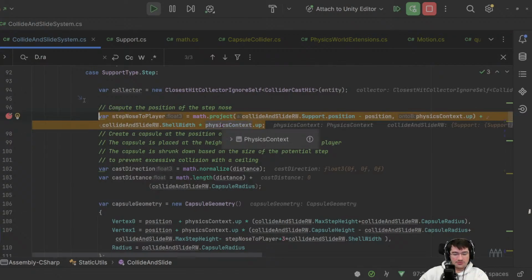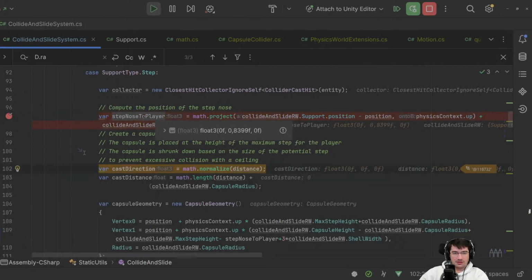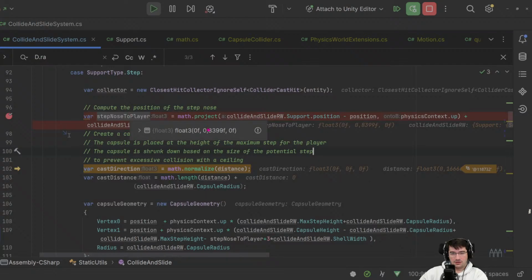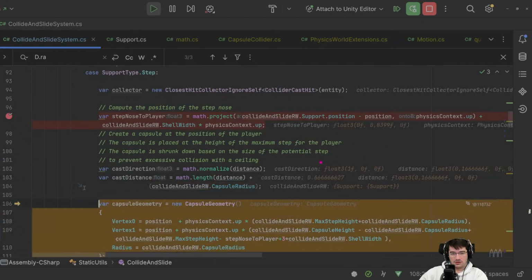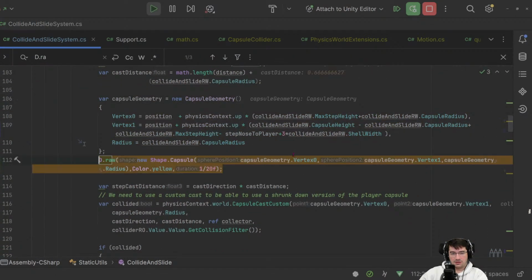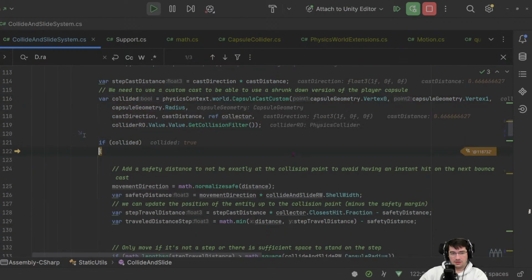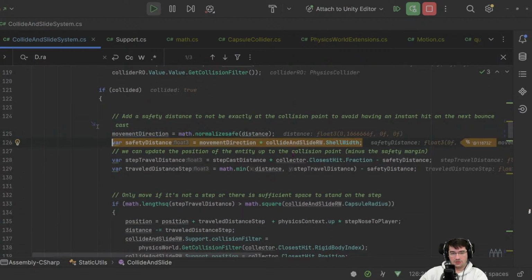So, why are you not stepping? This one is giving me 0.84. There is a collision. There is a collision. I move.